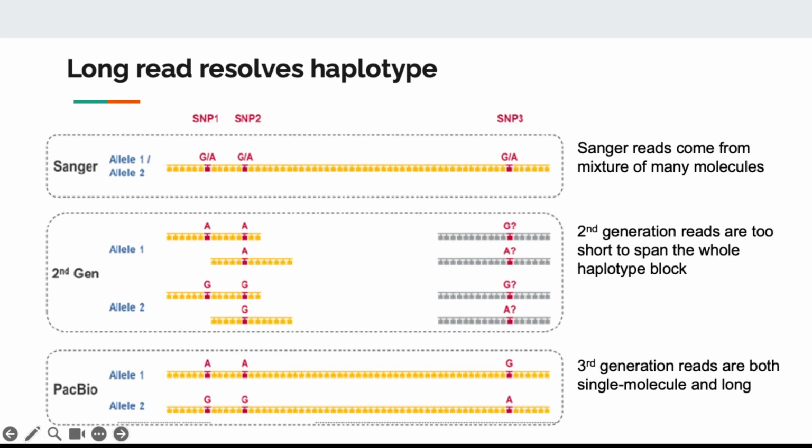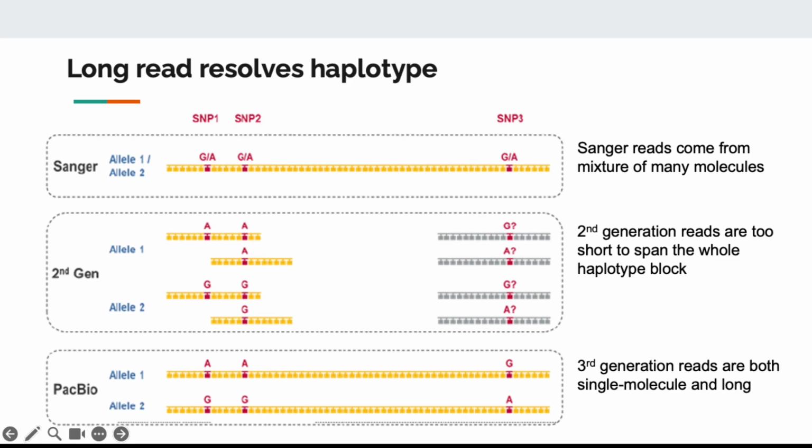With Sanger sequencing, because we produce different DNA products, we have no idea. We can tell that there's an A and a G there, but we will never be able to tell whether they occur together. For second generation sequencing, if the mutations occur near each other, within 200 to 300 base pairs, then you can tell that every time I see an A here, I see an A here.